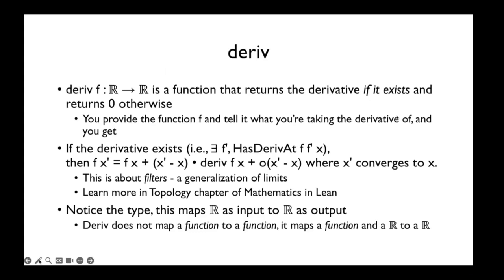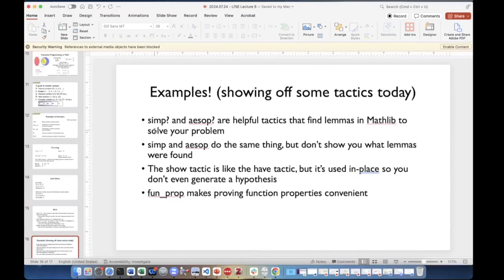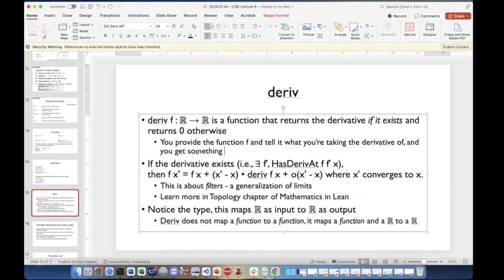You give it a real number, something of type real. Maybe that's going to be your x. And you get something with type real out.